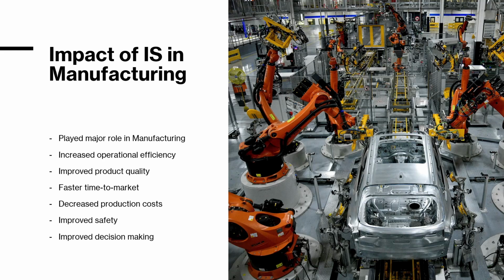Improved safety. Information systems provide a lot of safety factors because they have a lot of error codes, and they have alarms that can go off. They control all these alarms, and they relay information about alarms, any process failures, anything like that. And on the right side, that's a picture of a car being manufactured with a bunch of robots.